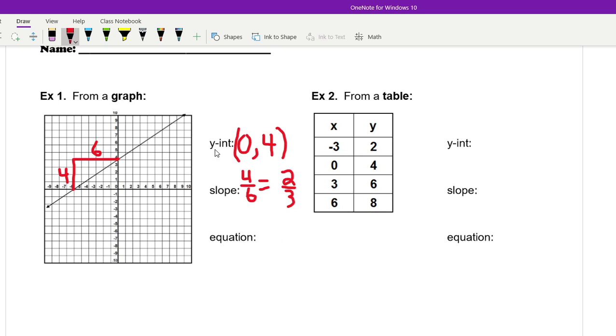So right now our y-intercept is the location 0, 4, and our slope is simplified to be 2/3. This simply means any 2 points that we pick on this line, we can always go some ratio up 2 and over 3 to get to those points. Our equation is simple.